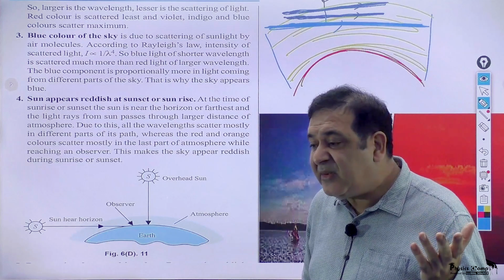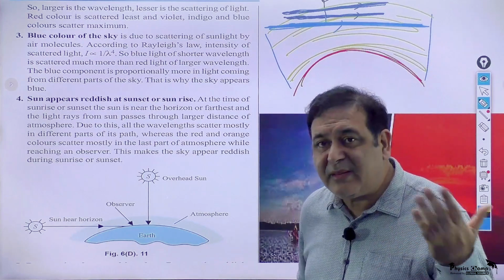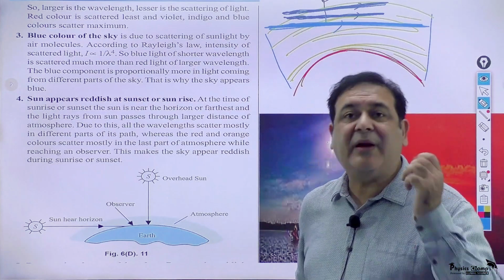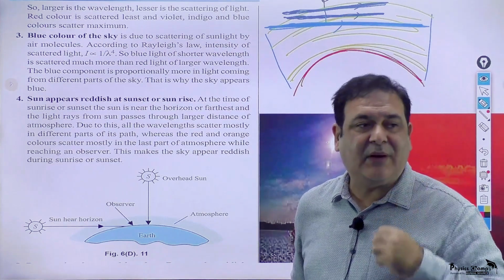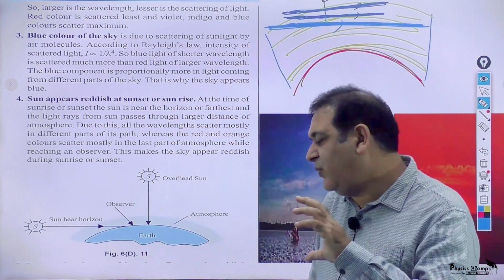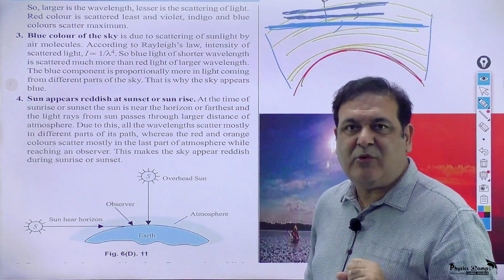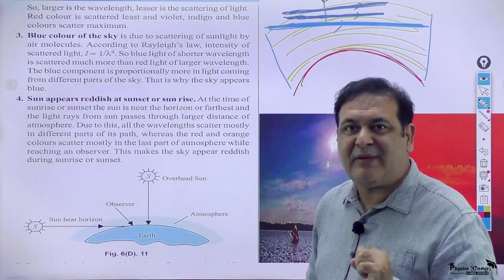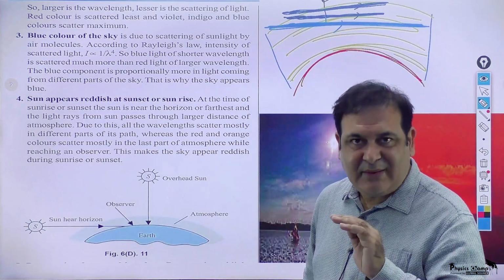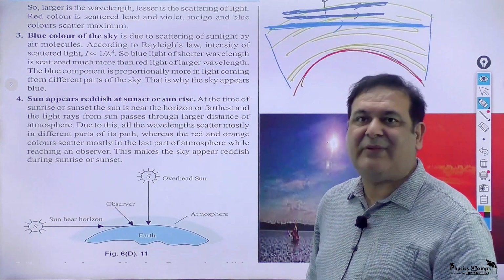So a planet which has atmosphere rarer than Earth is expected to have a violet color of the sky or indigo color of the sky. And a planet where the atmosphere is denser than Earth, you may have green color of the sky, you may have yellow color of the sky, and even you may have orange color of the sky.